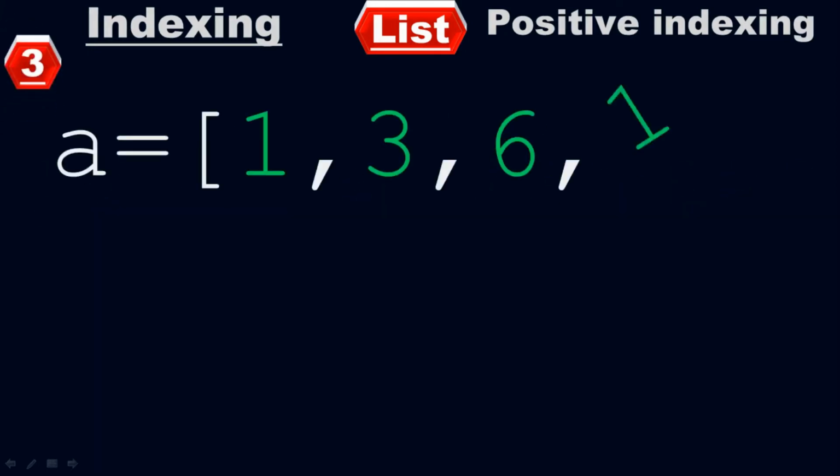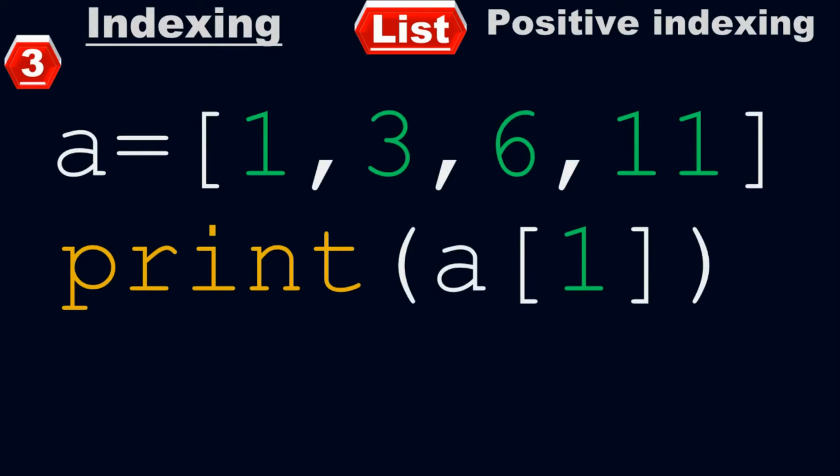Example number 3. If I have a equals [1, 3, 6, 11], this time I have print of a of 1, it returns 3. I plug in the index value 1 here, a of 1. Which element has index value 1? 0, 1. 3 is the item of this list which has index value 1 in the computer memory.